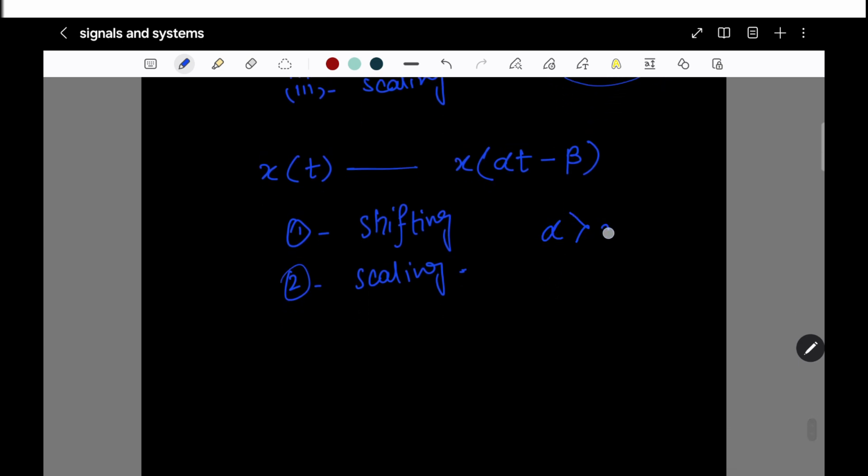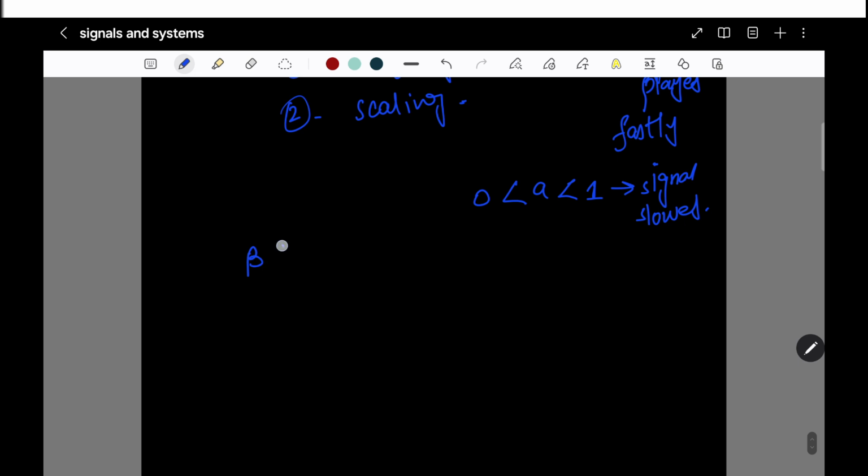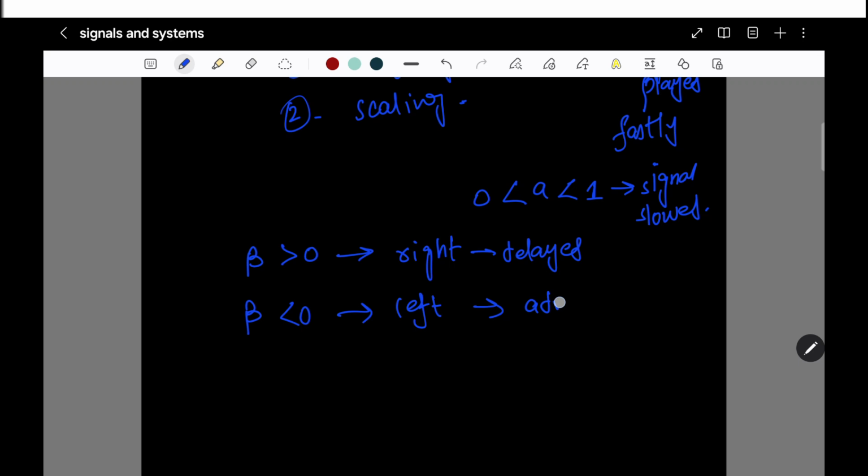And remember, if alpha is greater than 1, the signal is played fast, as I already told you, and if alpha is within 0 to 1, then the signal is slowed. And if beta is greater than 0, the signal moves to the right, which is delayed, and if beta is less than 0, the signal moves to the left, which is advanced.